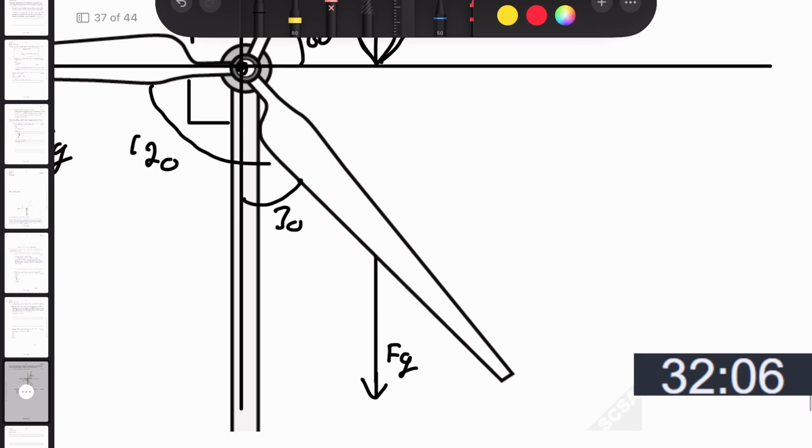But then here, it's going to need to be like that. Sorry, I don't want that to be 90.